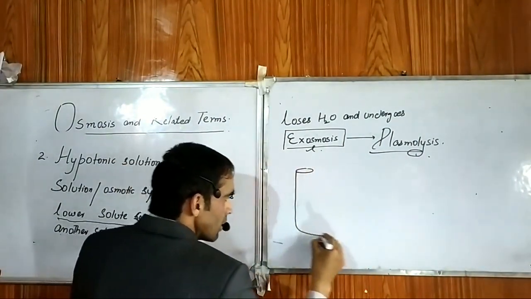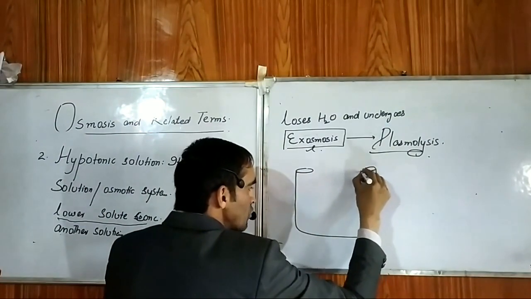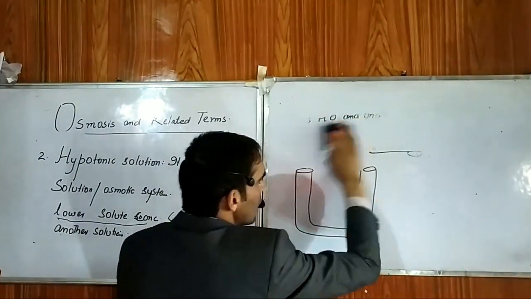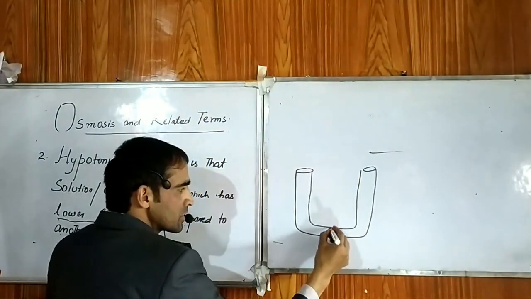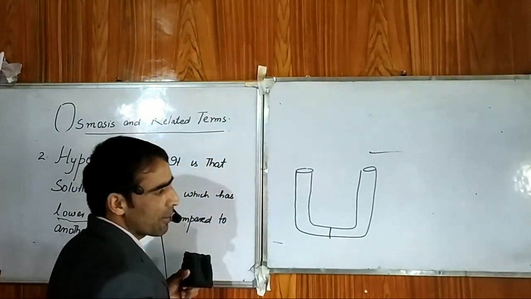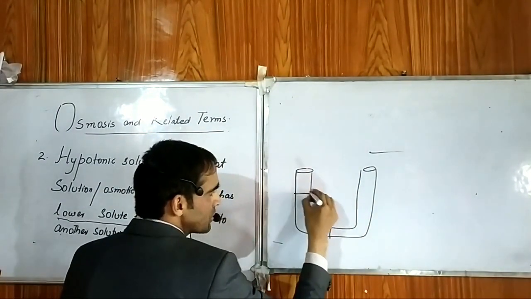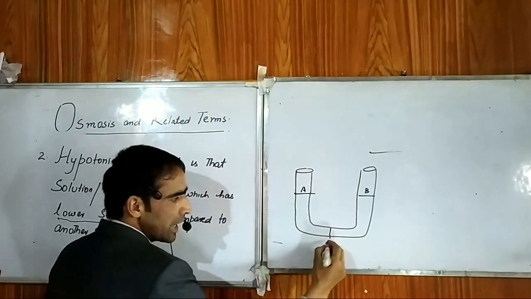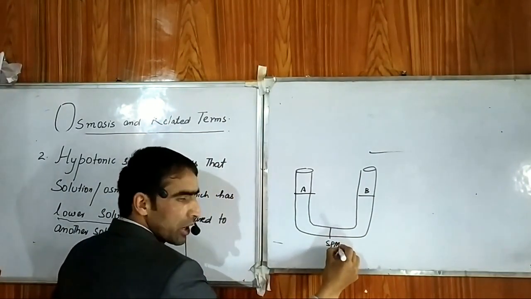Suppose this is again the device which we usually observe in the labs. We make the two solutions, we compare which one is hypo and which one is hypertonic. This is A, this is B, this is SPM, semi-permeable membrane.